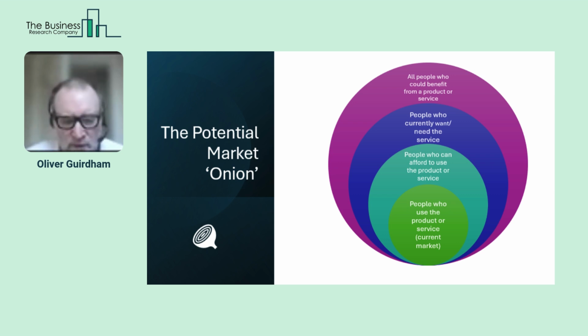And then, of course, some of those people, even the people who know about your service and that's what they want, and they have the need, some of them can't afford it, right? So those people would drop out at that stage. And you could argue about which way round these circles go. Maybe the affordability circle should come first because in some ways it's pretty fundamental, because it's not likely to change quickly.